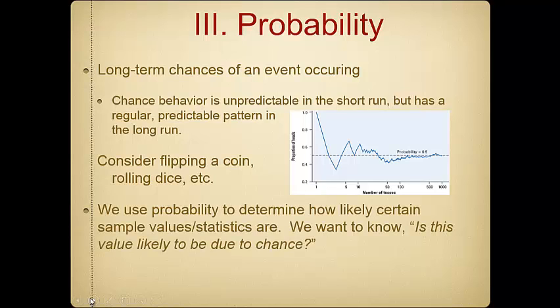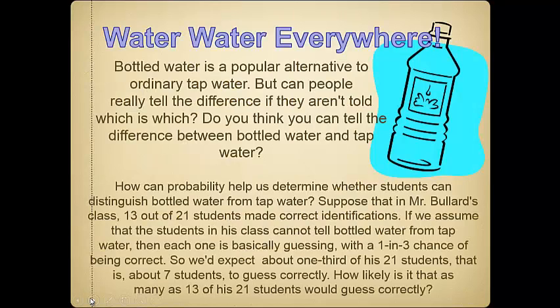We use probability to determine how likely certain sample values or statistics are that we get from our data. What we want to know is, is this value likely to be due to chance? So if, for instance, scores went up on these SAT scores, is that chance, or was it caused by something we were testing? So here's an experiment we're going to do in class.